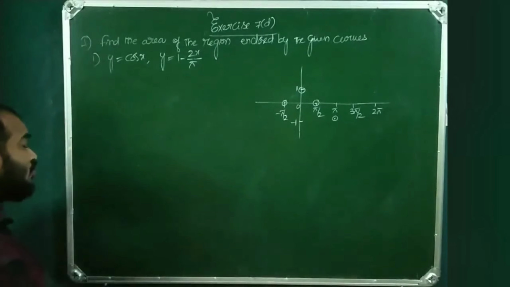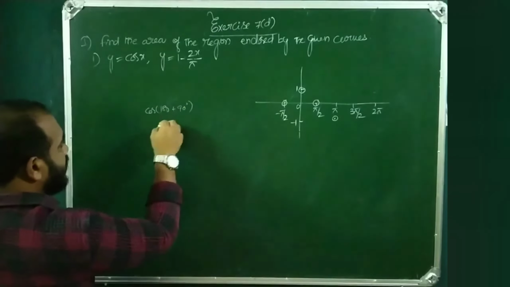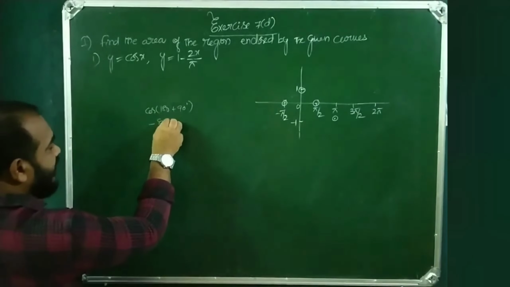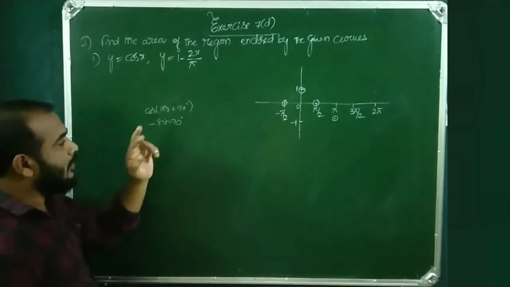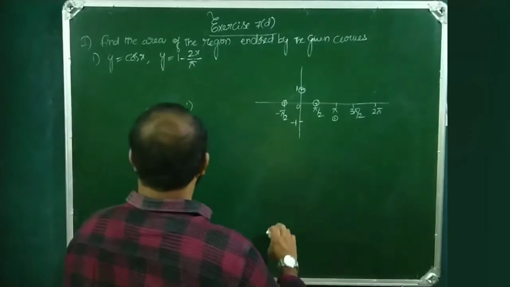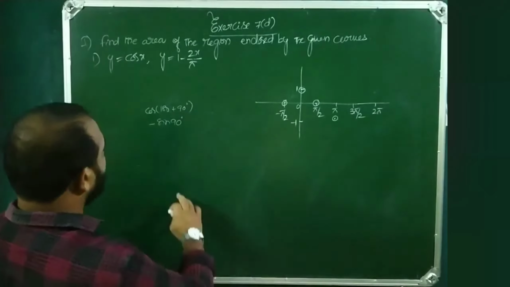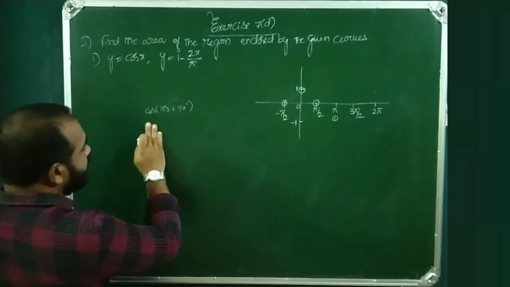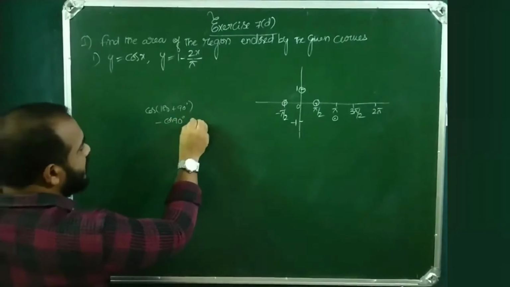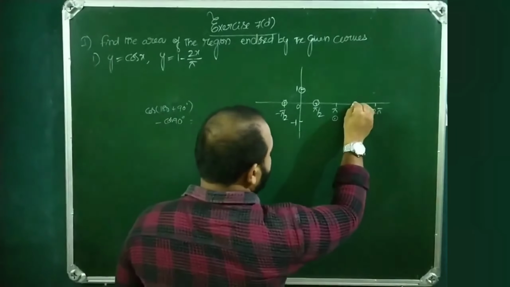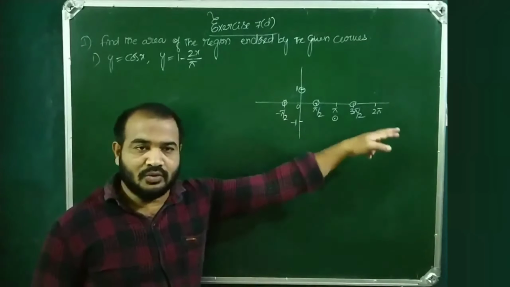Cos 270 is cos of 180 plus 90, so minus sin 90, because this lies in the third quadrant where cos is negative. Cos 3 pi by 2 is cos of 180 plus 90, so minus cos 90, which is 0. So this is how cos x looks.